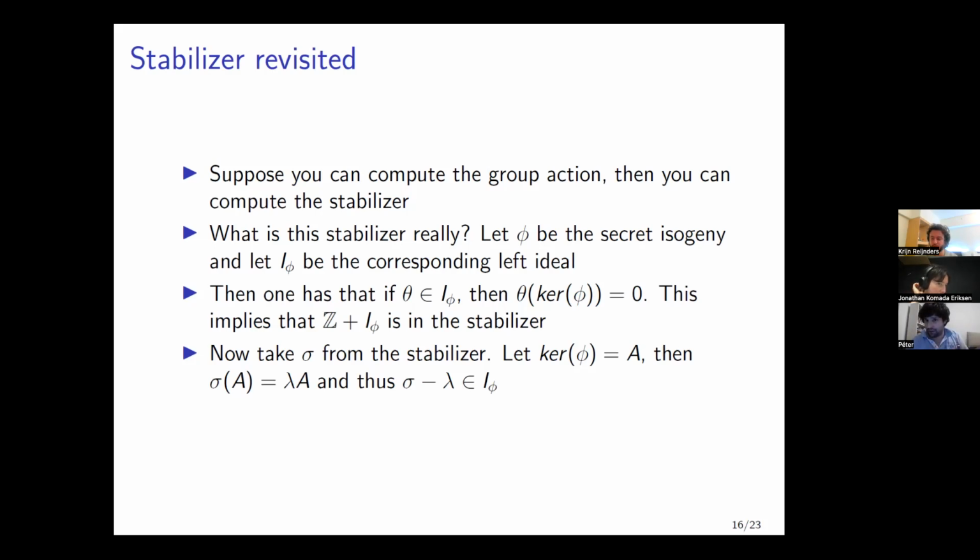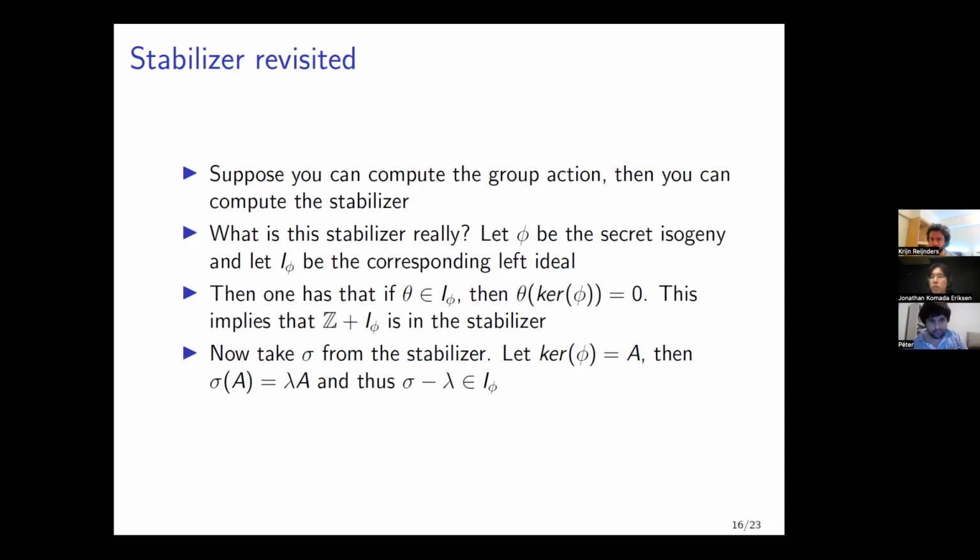So automatically everything in I_phi will be a stabilizer because they will take everything to, not quite, sorry, that's not quite true actually. But what is definitely true is that if you take an element theta in I_phi and evaluate it at the kernel of phi, you get 0 because that's the definition of I_phi. So if you take a scalar matrix, that also will obviously stabilize the secret subgroup.